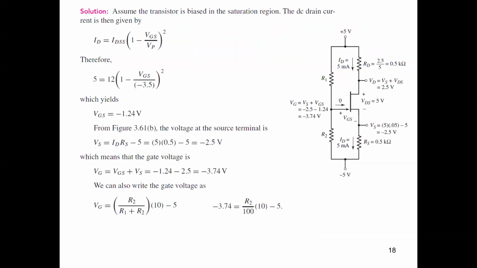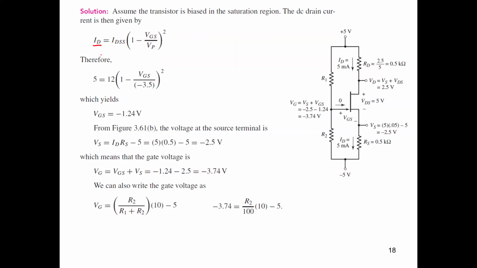First step, guys, we will start by assuming that, as we mentioned, the transistor is working in the saturation region. Starting with the JFET equation in the saturation region, I_D equals I_DSS times (1 minus V_GS divided by V_P) squared. We don't have the value of V_GS, but V_P, I_DSS, and I_D are given.